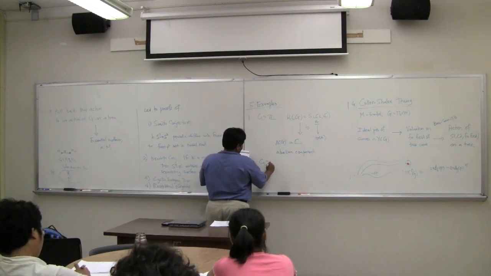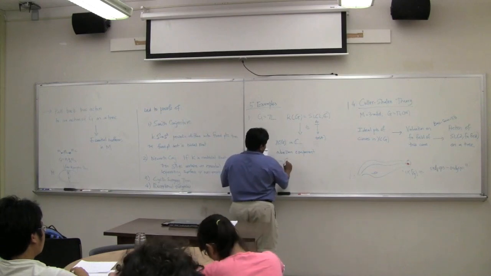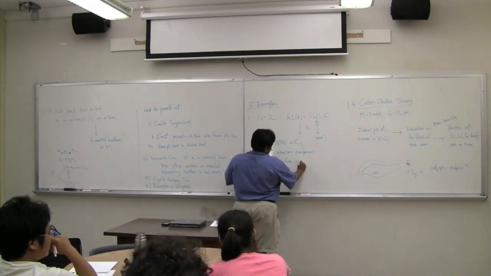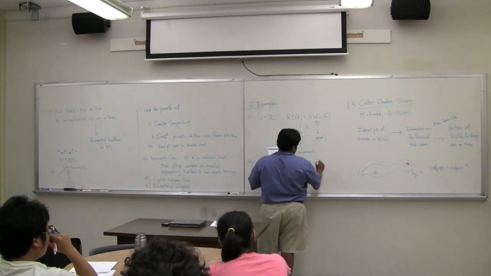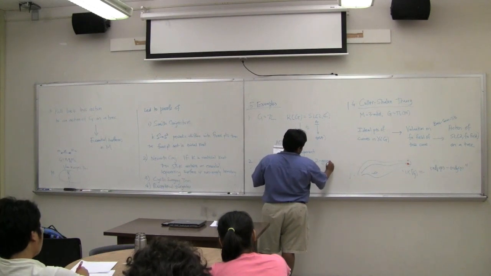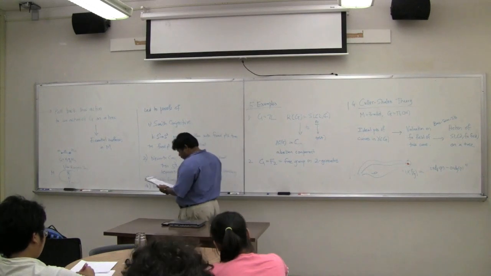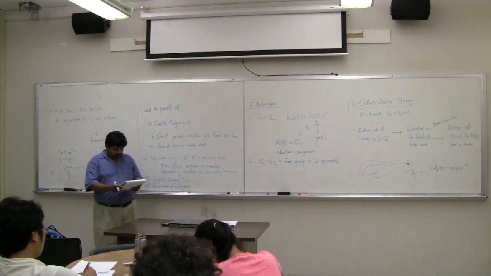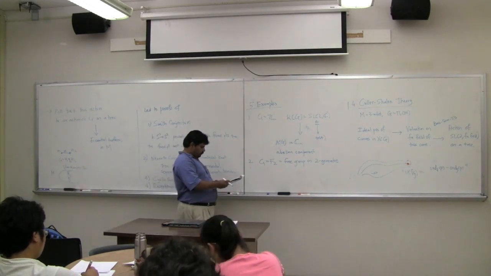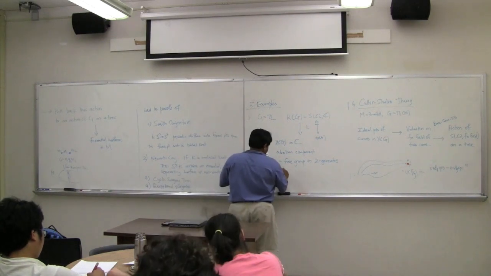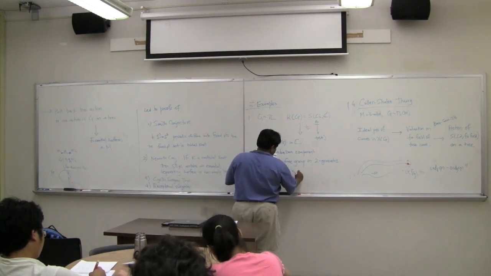Now look at the free group on 2 generators, generated by say x1 and x2.